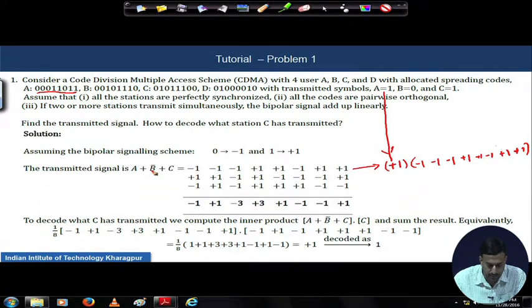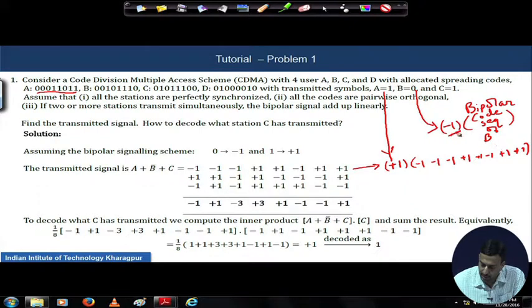In a similar manner we can obtain the spread signal due to B, which is now 0 multiplied with the code sequence of B. In effect, since 0 gets mapped to -1, this is going to be multiplied to the bipolar code sequence of B. Since we are multiplying it with -1, effectively the resultant sequence is nothing but the inversion of B. That's why we have denoted it by B complement, where the complement sign means that we are inverting every bit and then mapping it to the bipolar equivalent.